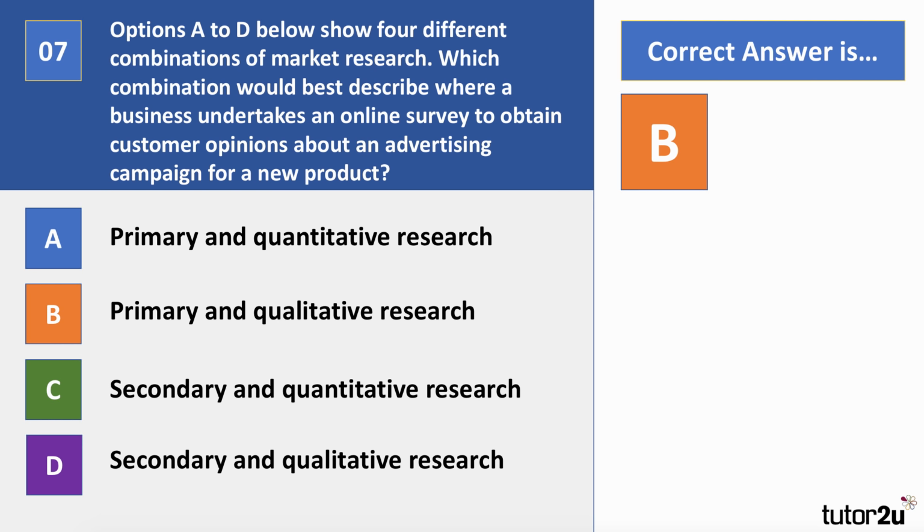So market research undertaken for a specific purpose is primary research, whereas of course secondary research existed for a different purpose. And secondly, is it qualitative or quantitative? Well, qualitative is about opinions, and therefore customer opinions is the word that gives you the clue away. Answer B.